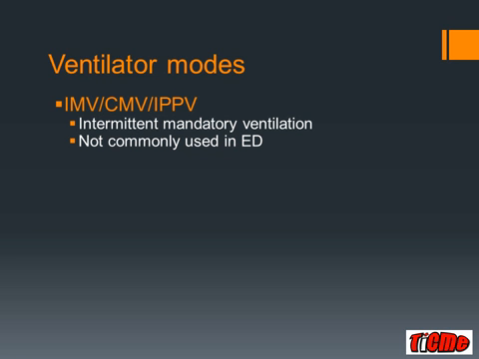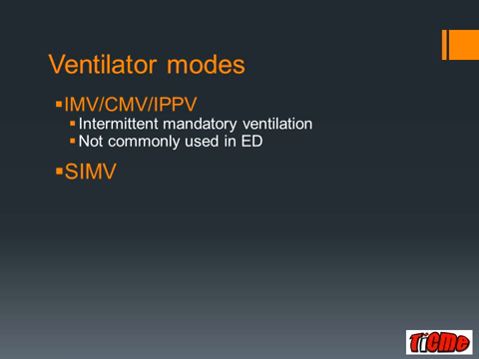It's not commonly used in the emergency department because patients in emergency sometimes are waking up, and it's nice to have a ventilator mode which will allow the patient to take spontaneous breaths. Intermittent mandatory ventilation will deliver a set respiratory rate with a set volume and will not allow the patient to take spontaneous breaths. So we need another sort of mode for most patients.